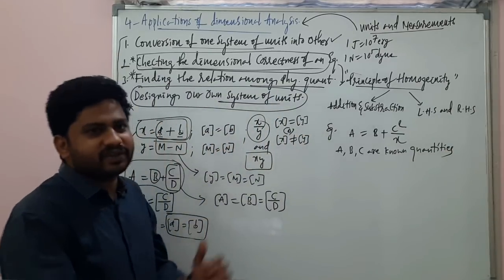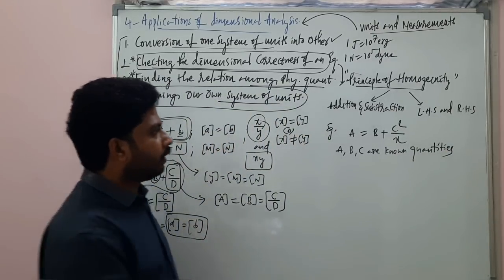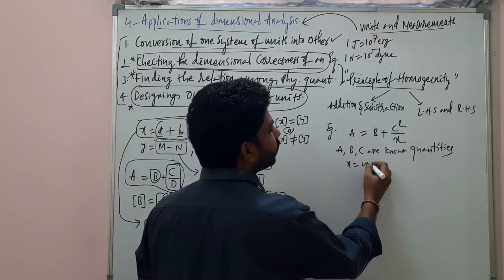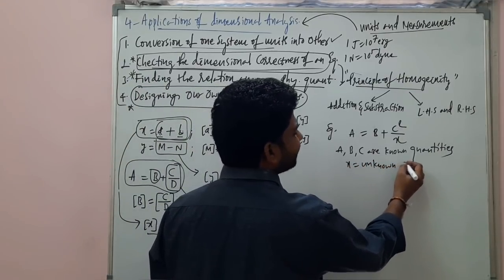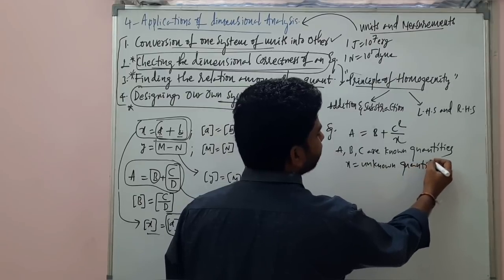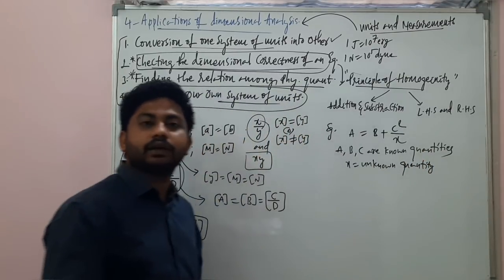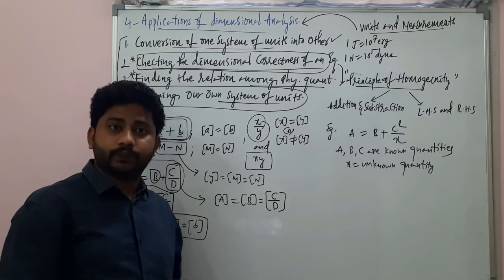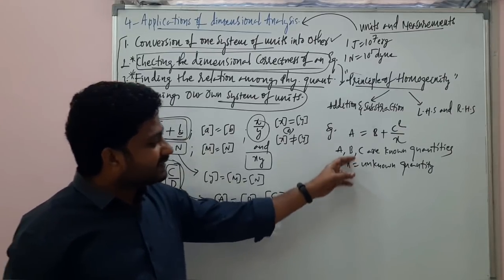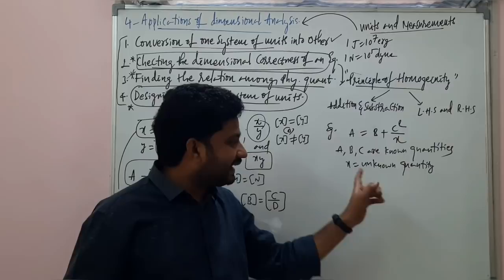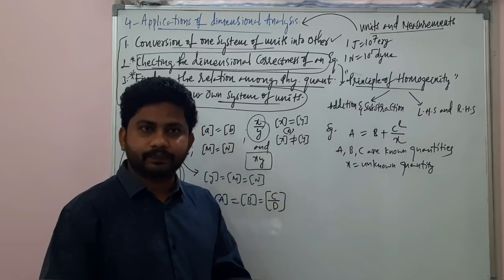Quantity means it will have some dimensions. And X is an unknown quantity here. This is what applications we are learning, and the numericals we will be solving now. A, B, C are known quantities and X is an unknown quantity here.